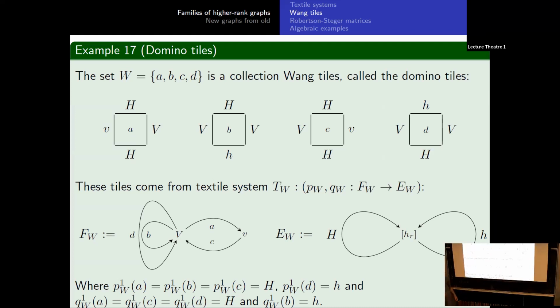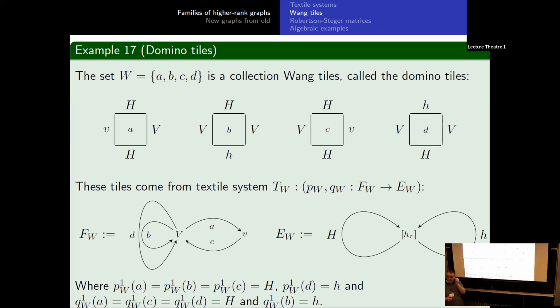It's well known in two-dimensional dynamical systems that dominoes will obviously tile the plane. You almost need no convincing that dominoes can tile the plane. So this is a shift of finite type. So it should have a textile system. What textile system has it come from? It comes from here. Here it is. Top graph has 1, 2, 3, 4 edges, 4 squares.